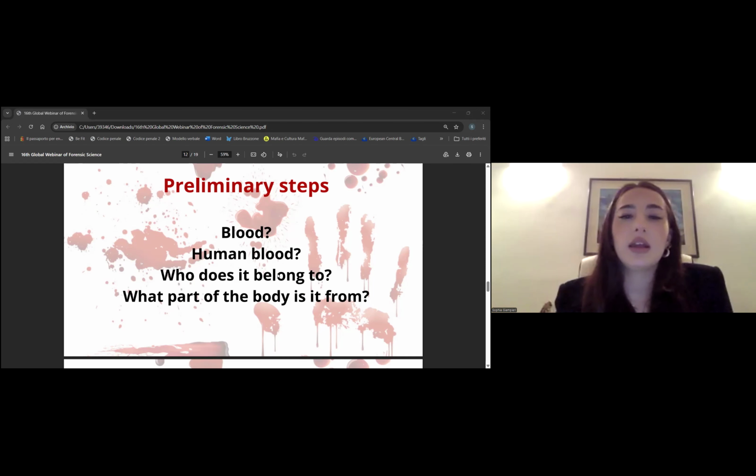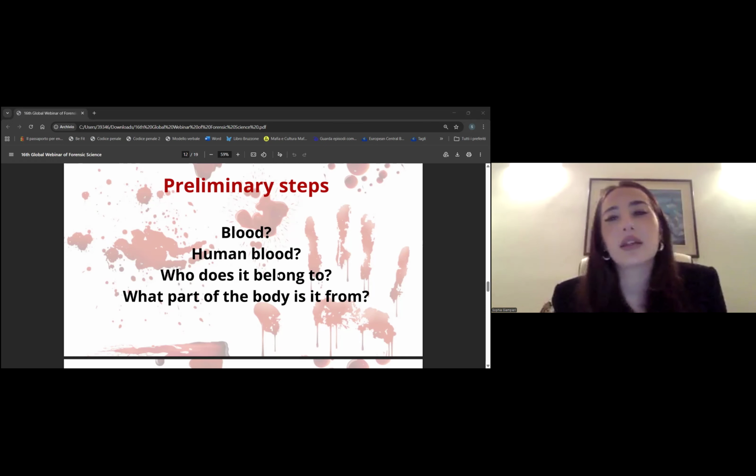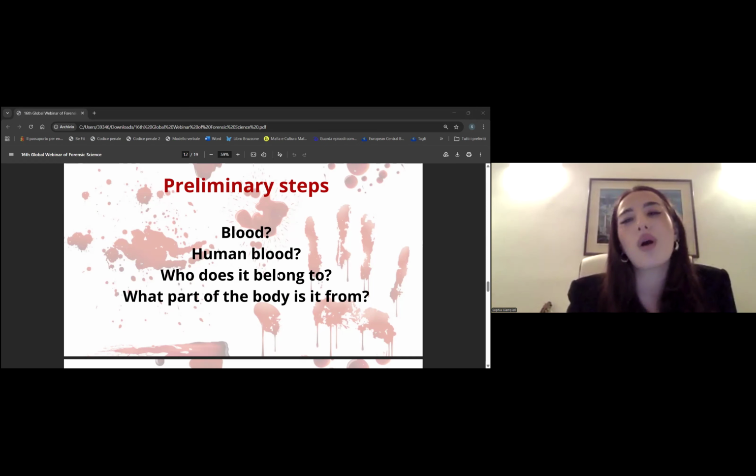Then he has to establish whether it is human blood. This type of investigation is carried out by identifying morphological differences between human red blood cells and red blood cells belonging to other animal species. And in the end, he has to establish the age of the stain, that is, how long the stain has been deposited.